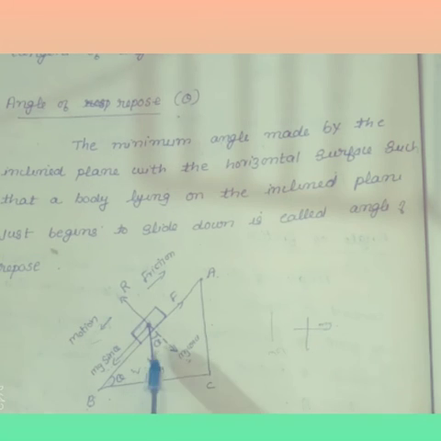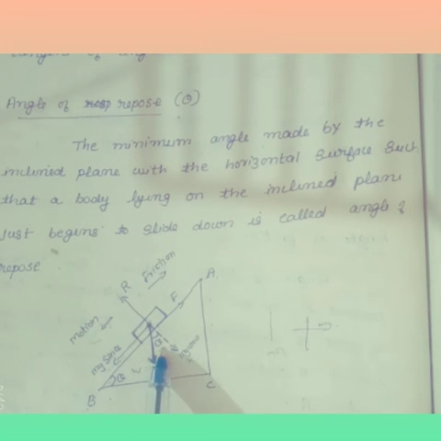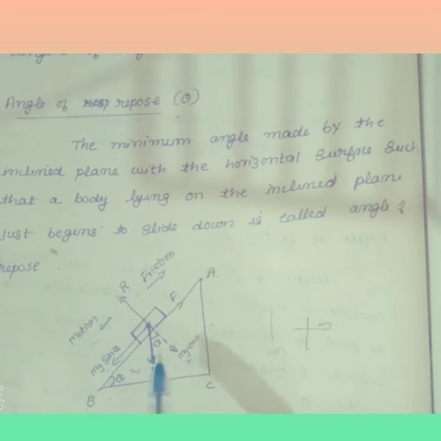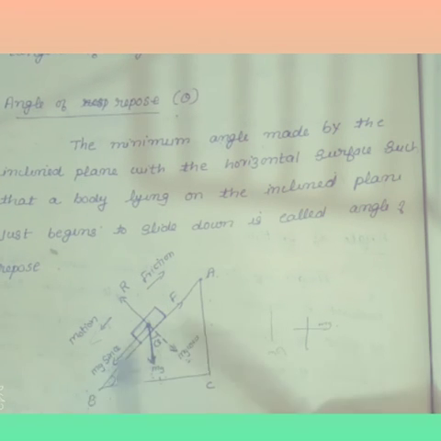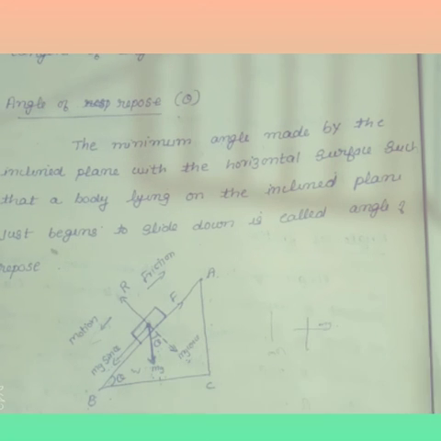The minimum angle made by the inclined plane with the horizontal surface such that a body lying on it just begins to slide is called the angle of repose.